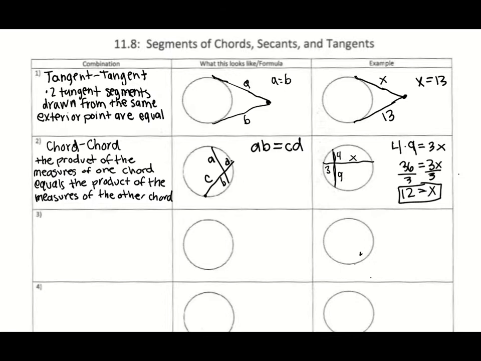Our next combination is a secant-secant. And in this case, we are going to have the whole thing times the outer piece.